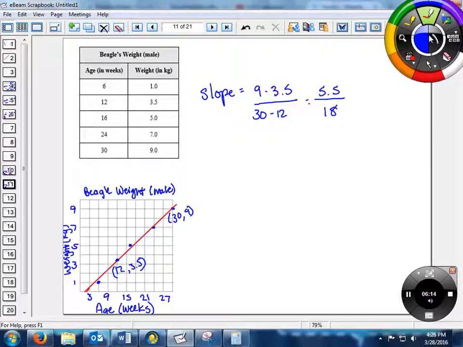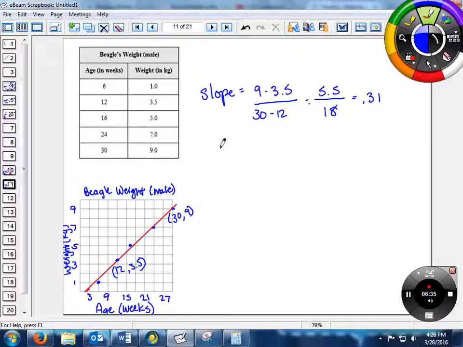I'm going to divide that out and see if I can get a decimal. That decimal is about 0.31, so I'm going to round to 0.31. The actual slope is 1/3, which is 0.33, so that's pretty close. Again, we're not going to get exactly what it should be, but so long as you're in the ballpark, you're good.